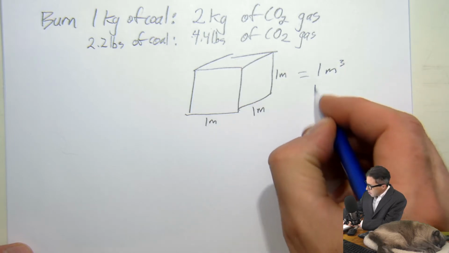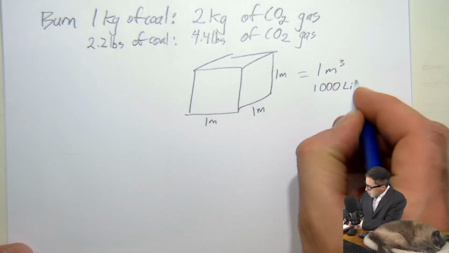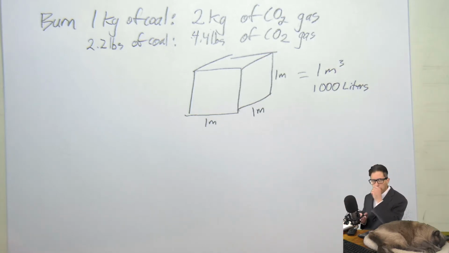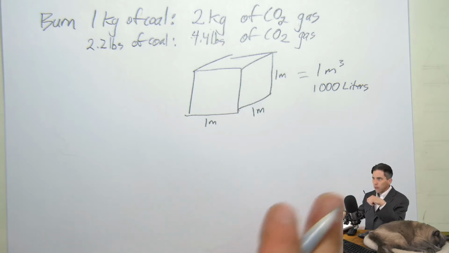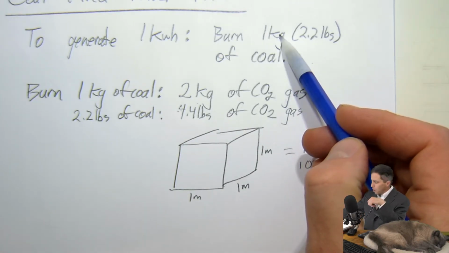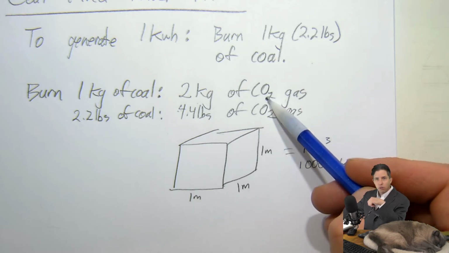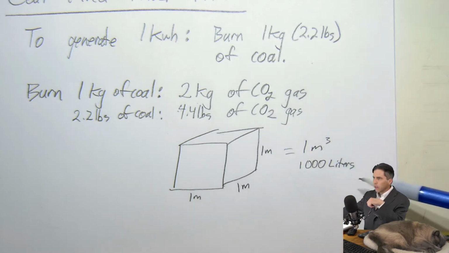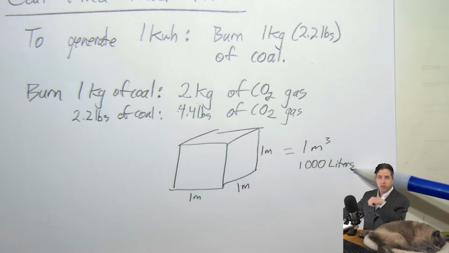And 1 cubic meter is about 1,000 liters. Okay, so think: for every kilowatt hour that I use in electricity, I have to burn 1 kilogram of coal, which makes 2 kilograms of CO2, which would fill up 1,000 liters of CO2 gas.